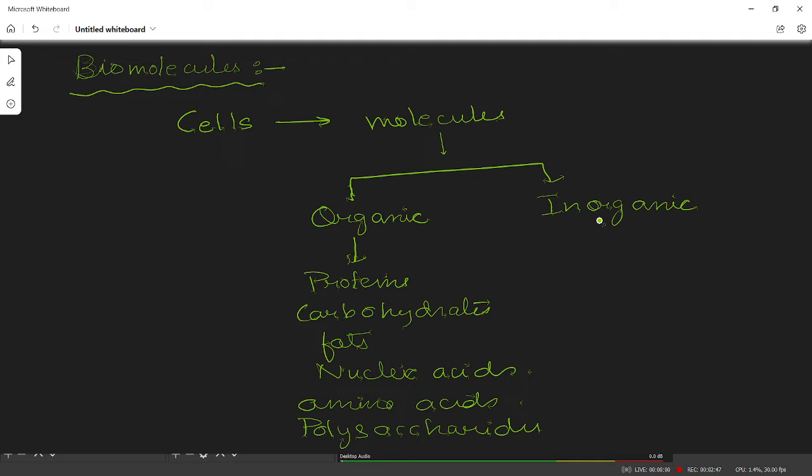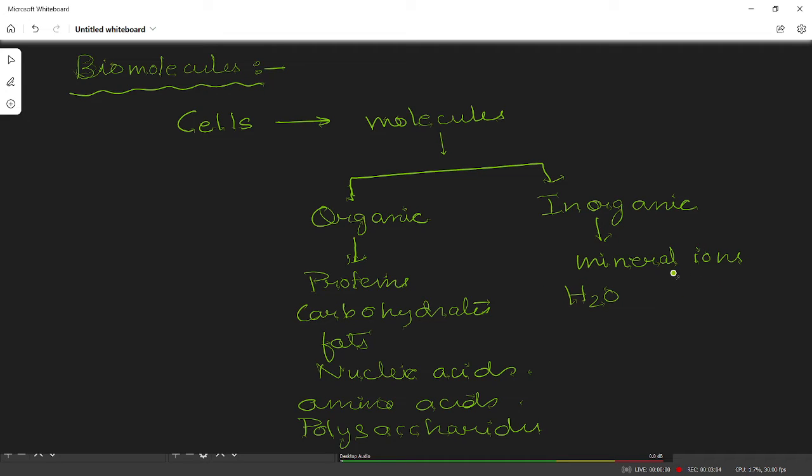Now the inorganic compounds, they are made up of mineral ions and water.